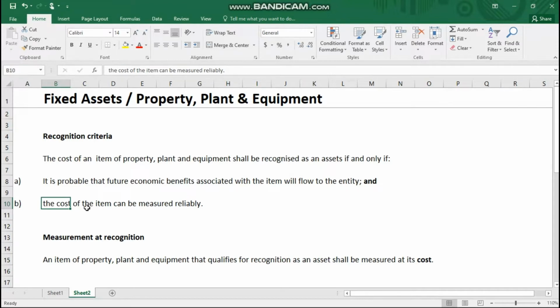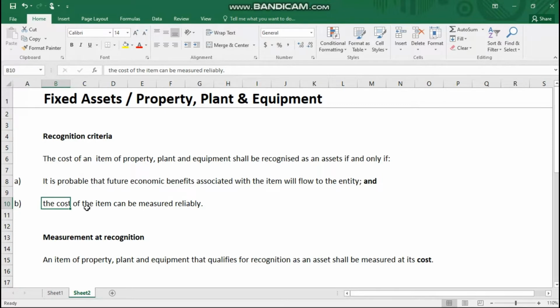All the cost that you incur in bringing that machine to a condition where it can be used in the intended manner, you will be able to measure reliably. If that cost can be measured reliably, then you will recognize that item of property, plant, and equipment as an asset in your books of accounts. So that's the recognition criteria.